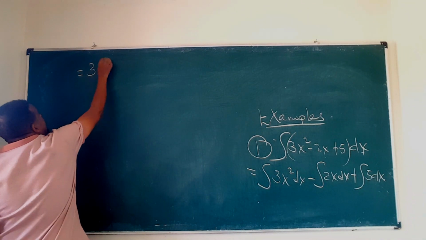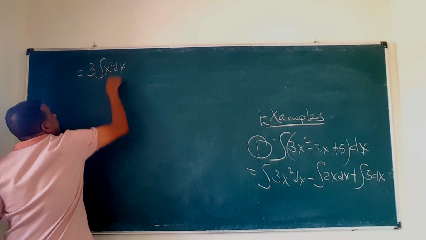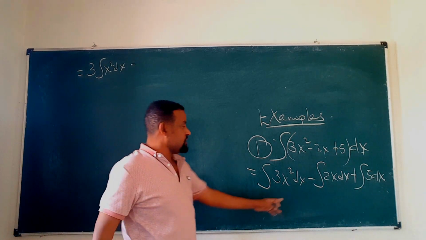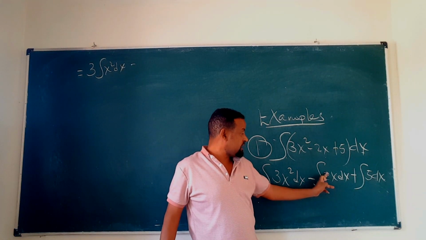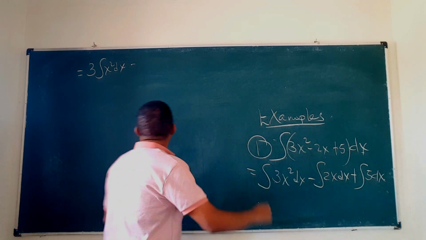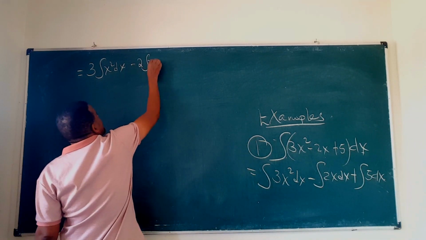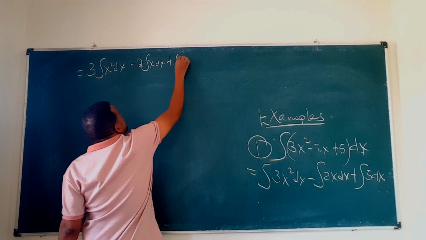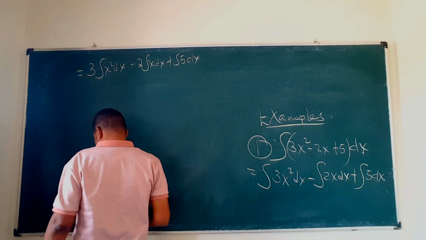So that will be 3 times the integral of x squared dx minus, here the integral of 2x, 2 is a constant and comes out, and x remains. So 2 times the integral of x dx plus the integral of 5 dx.